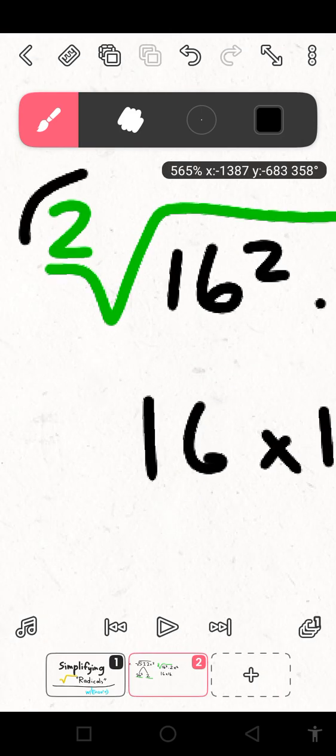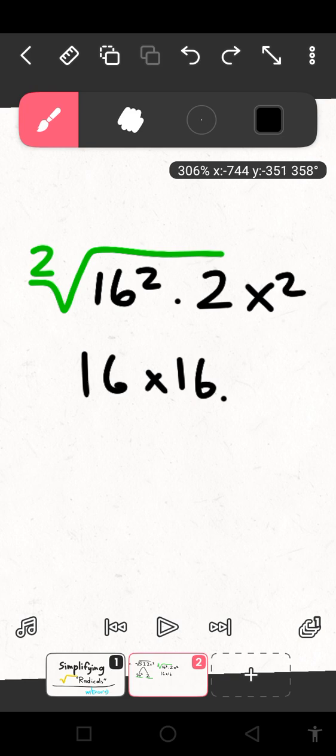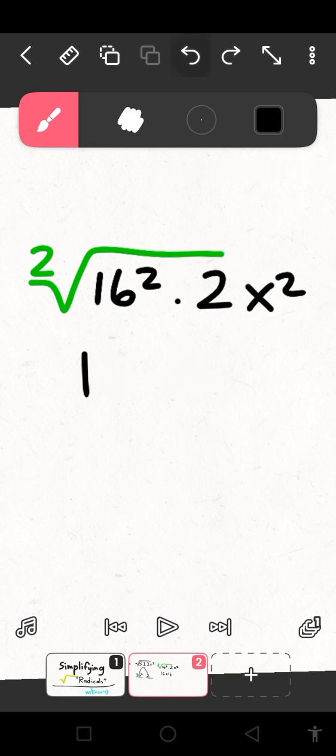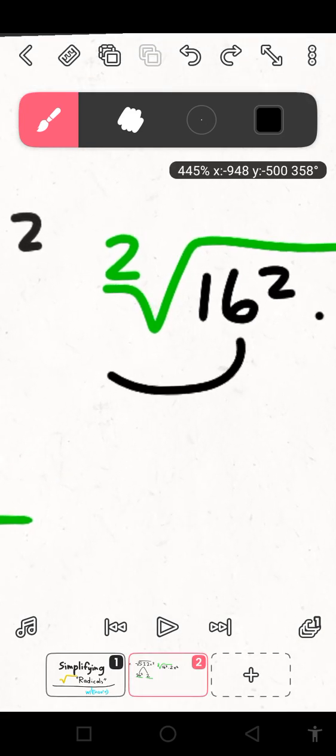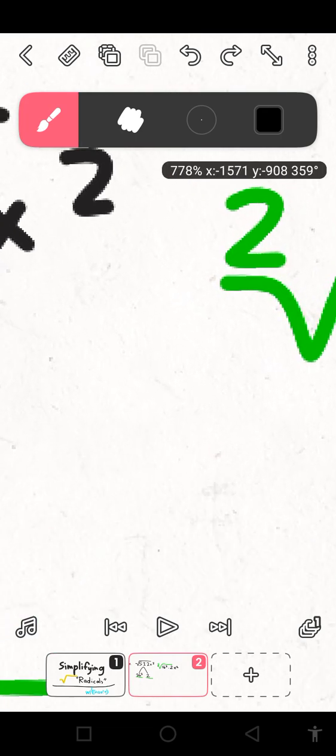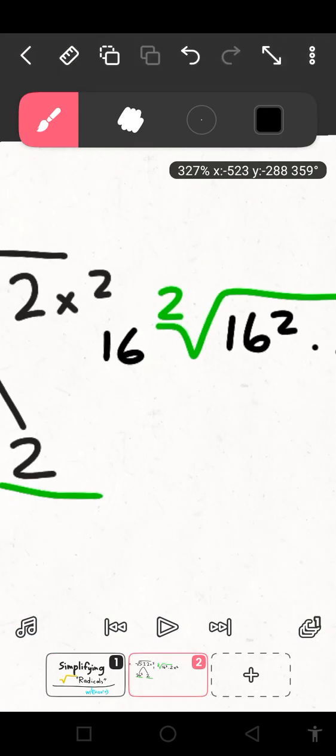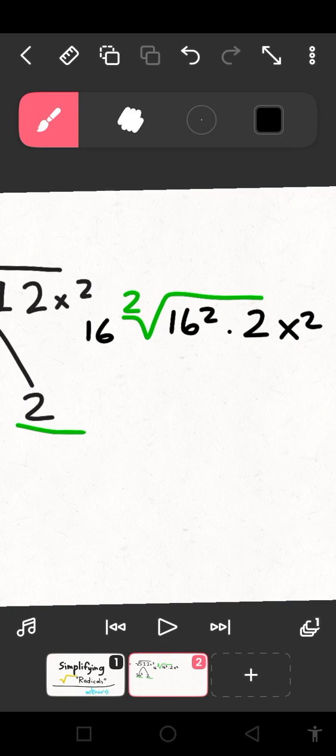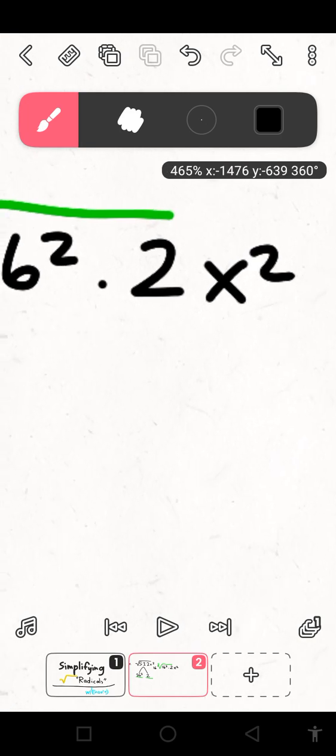Now, since the index is requiring us to get 2 of this right here, this number will automatically be moved out, and this will become 16 outside. Now, that's a simple rule that radicals must follow. Next up, we have x squared.